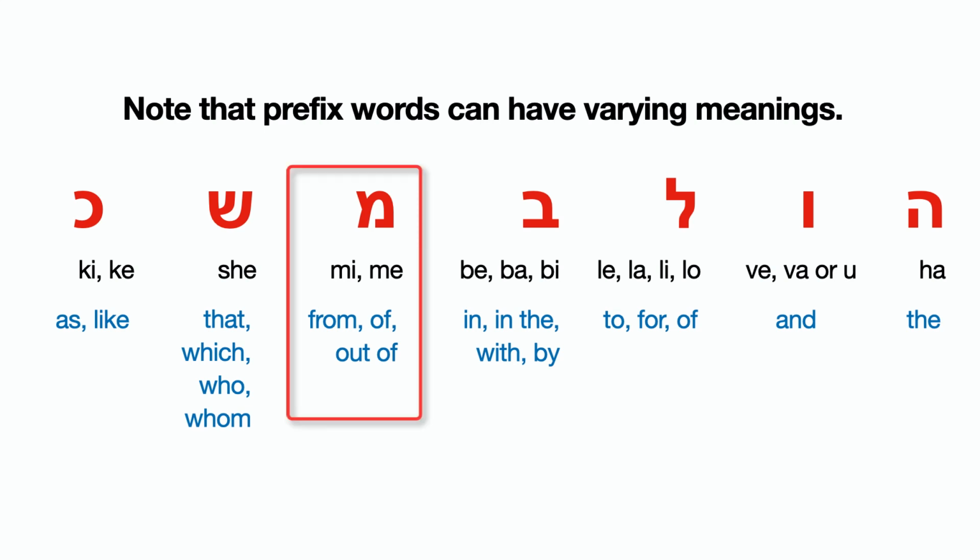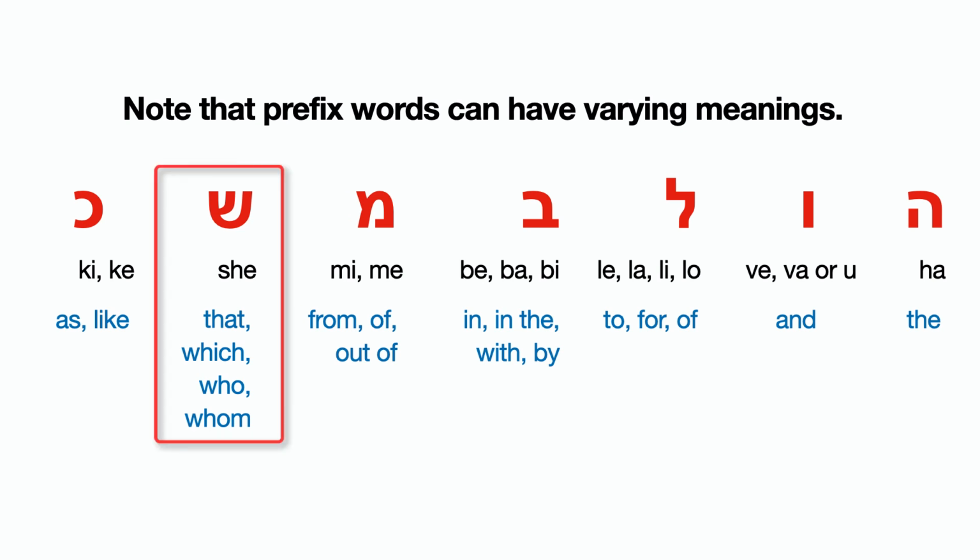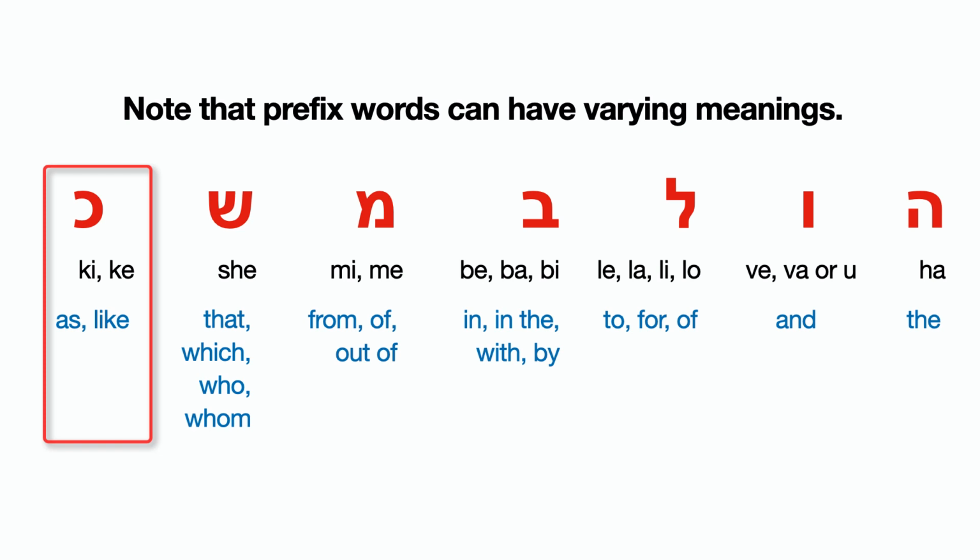Same with mi, it could mean from, or of, or out of. She could mean many things. It could be used to say that, which, or who, or even whom. And ki could mean as or like.